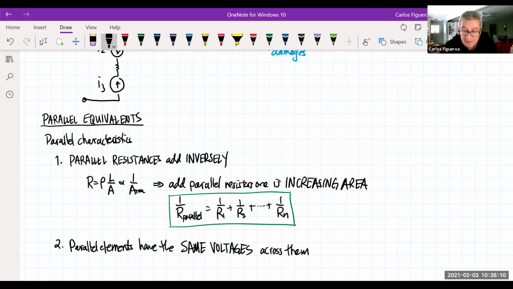In other words, that means that the voltage across resistor 1, across resistor 2, however many they are, must be the same as the source, or in our case, the branch voltage. So what do I mean by that? So let's go look at that.